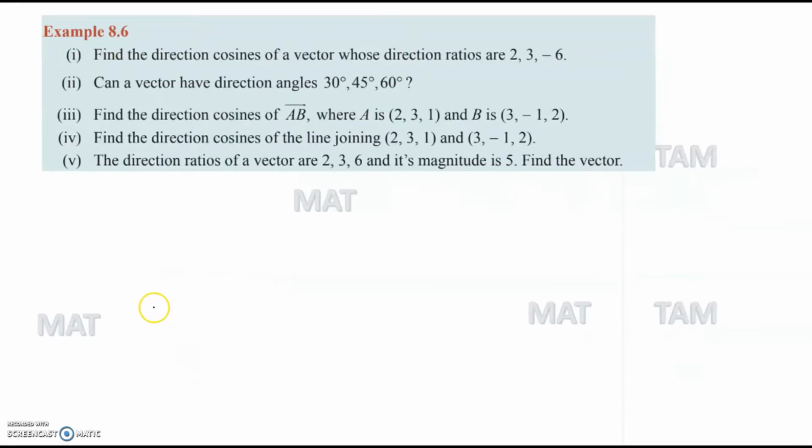In example 8.6, question number 1 says, find the direction cosines of a vector whose direction ratio is 2, 3 and minus 6.